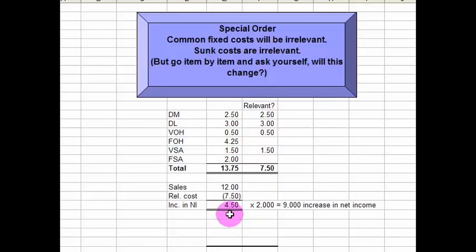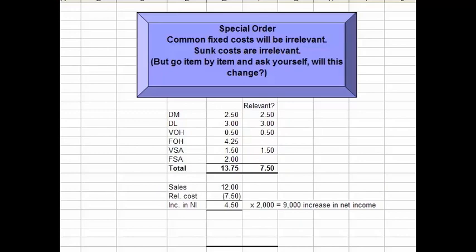The increase in net income should be $4.50 times the 2,000 units, or they should see a $9,000 increase in net income, even though they're selling the products for only $12, and at first blush that appears to be less than cost. If they say no to the special order, they've really walked away from $9,000 in net income.